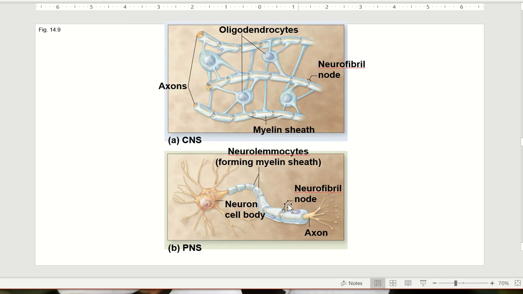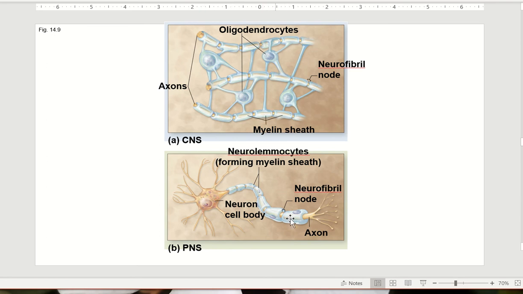So here's the distinction between the oligodendrocytes in the central nervous system and the neurolemocytes or Schwann cells in the peripheral nervous system. They're both going to make myelin on axons, but with oligodendrocytes, one cell produces myelin for multiple axons.